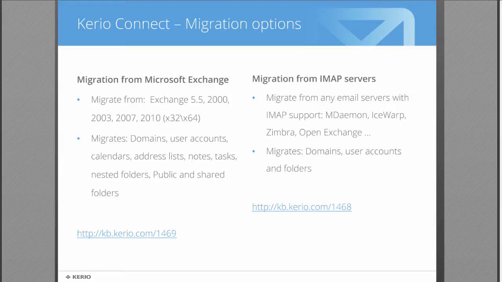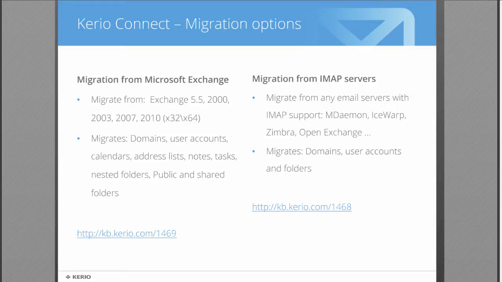Now, public folders need to be nested underneath one of the users, as Anton will probably show you. When you have a public folder on Exchange, it gets migrated together using IMAP, and needs to be moved under one user just for the migration, then moved back into a public folder when you migrate back to Connect.